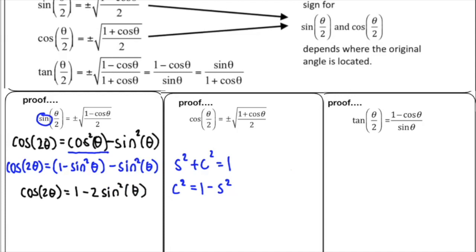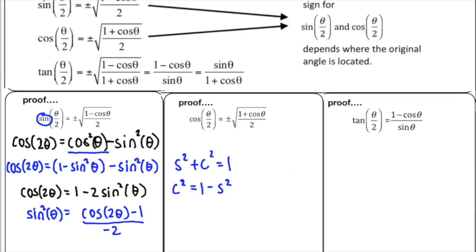Now what I want to do is get sine squared theta all by itself. I'm going to subtract 1, and I'll show all the steps on that. So I subtract 1 and divide by negative 2. I get sine squared theta equals cosine 2 theta minus 1, all divided by negative 2.